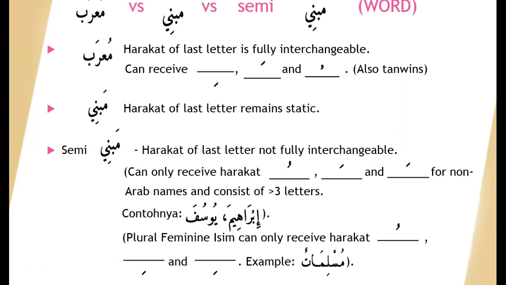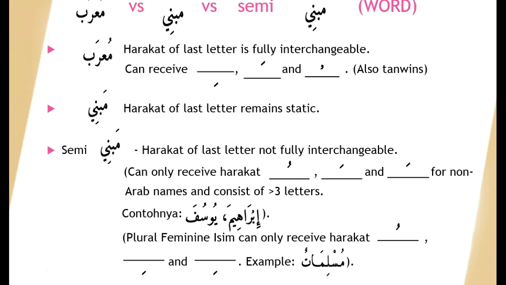Meaning you can have Yusufu, you can have Yusufa. Even when Yusuf is in the jar position, it will still receive a fatha, not a kasra. Same goes for Ibrahim, and Fir'aun is the same situation.